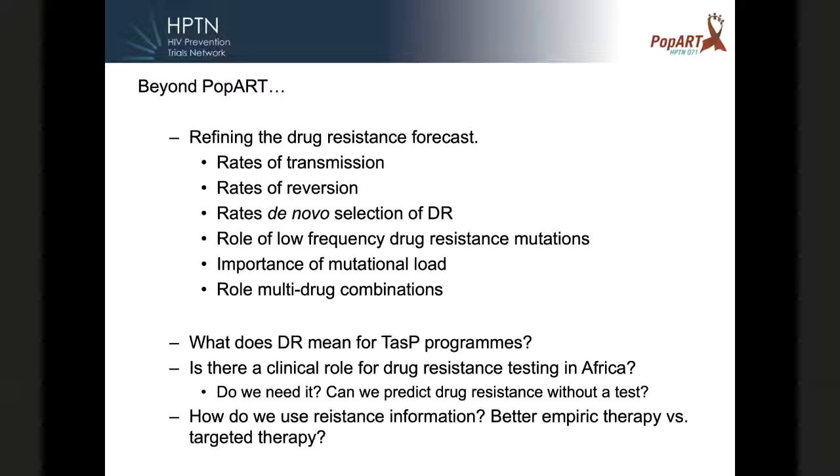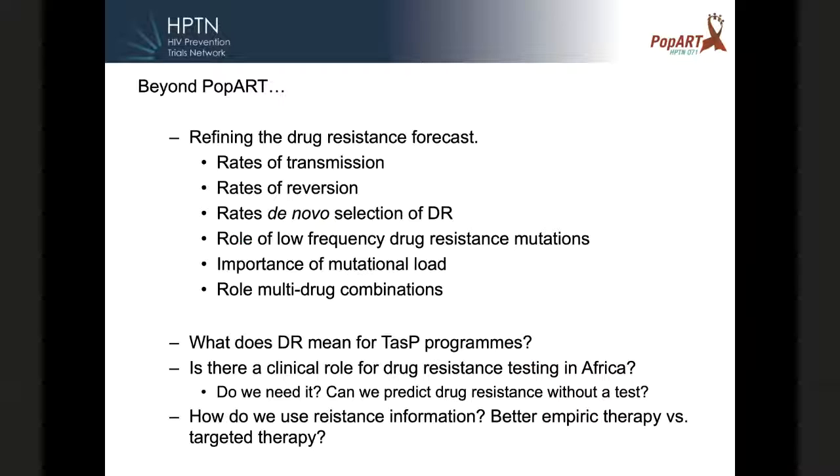We need to better understand the role that low-frequency drug mutations are having, the importance of mutational load, and the role of multi-drug combinations of drug resistance, that should say. So different mutations all linked together within the same virus.